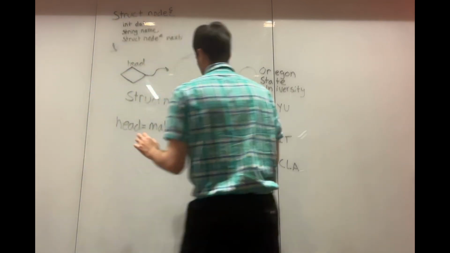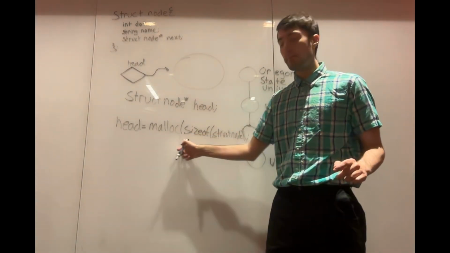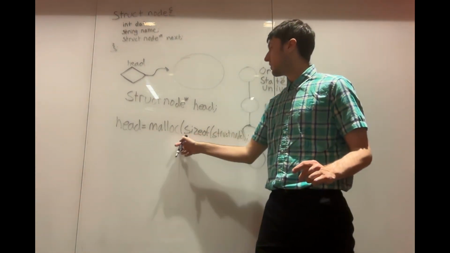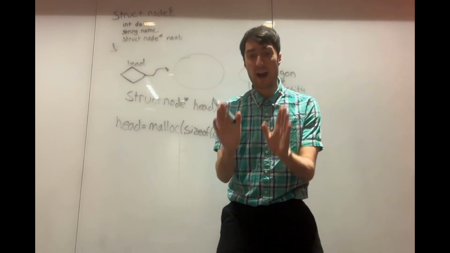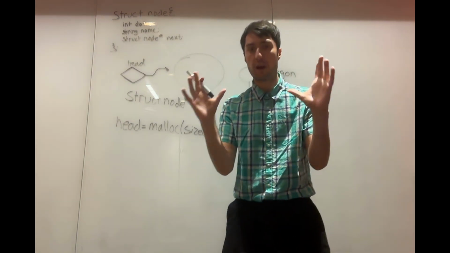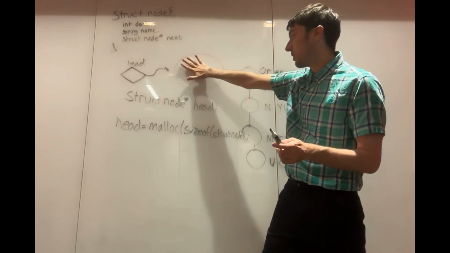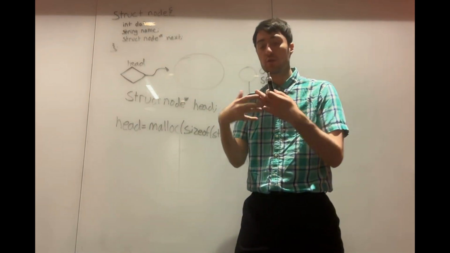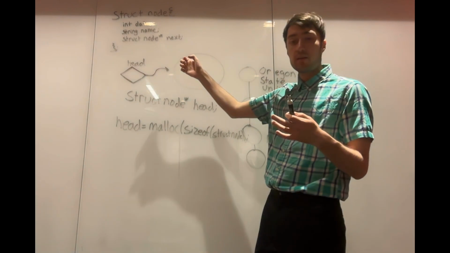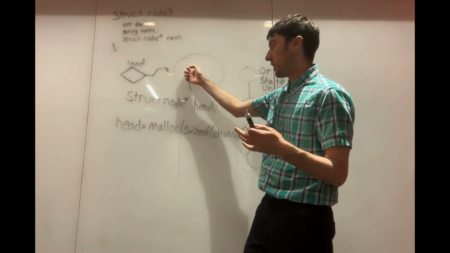Okay, so here we go. This malloc function says, I want you to allocate some amount of memory. Bam, we just allocated memory so that we could actually create a node.